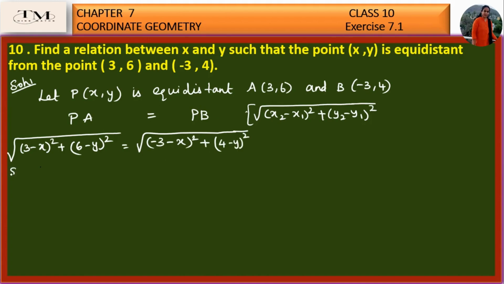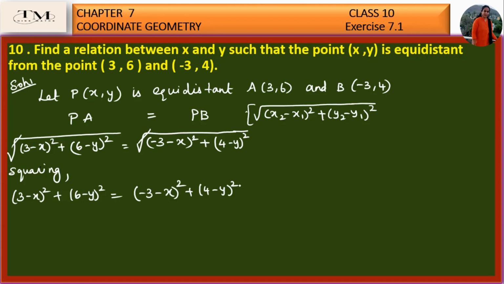If you square on both sides, the roots get cancelled. So we get 3 minus x whole square plus 6 minus y whole square equal to minus 3 minus x whole square plus 4 minus y whole square.